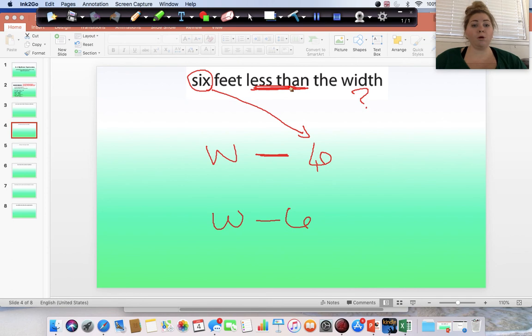When you're working with multiplication or addition, it doesn't matter because 2 plus 3 is the same as 3 plus 2. And the same with multiplication. 6 times 2 is the same as 2 times 6. It doesn't matter which order you multiply or add in. But subtraction and division, order matters, okay? So be very careful. All right.